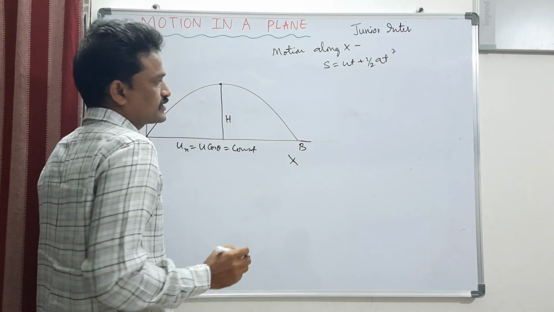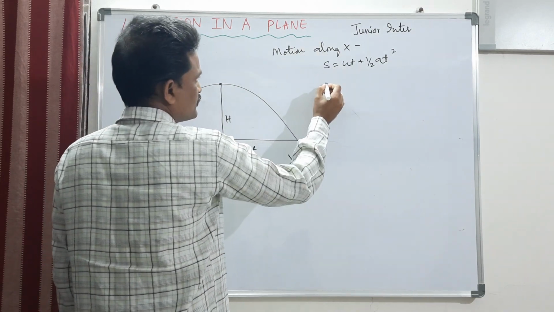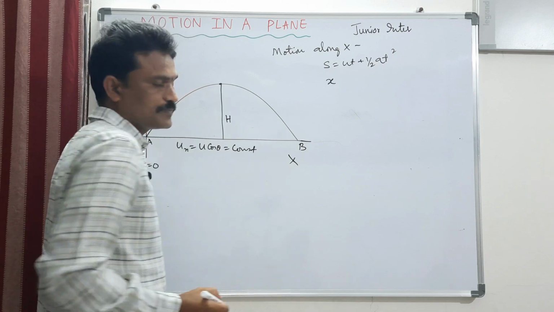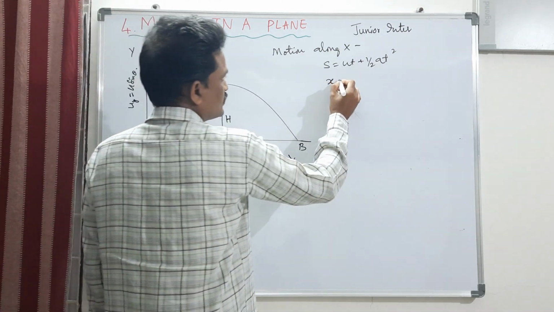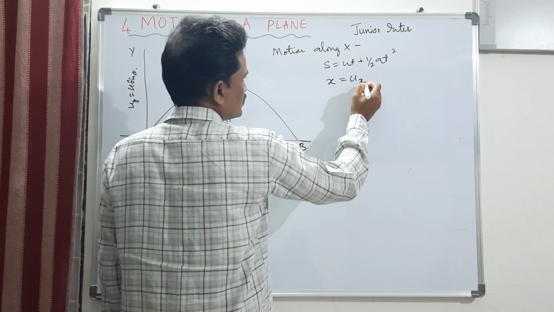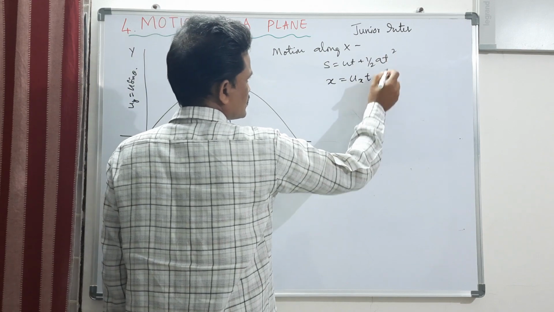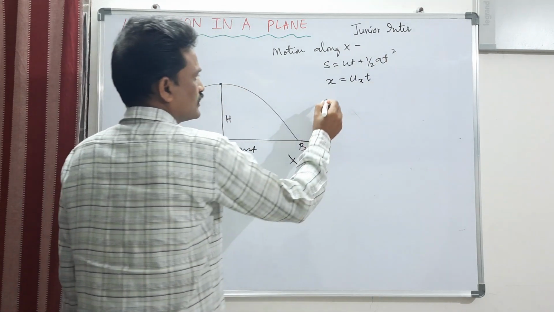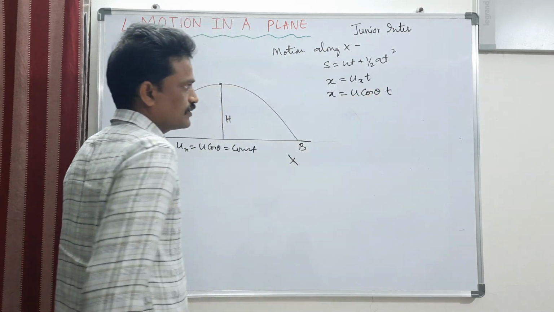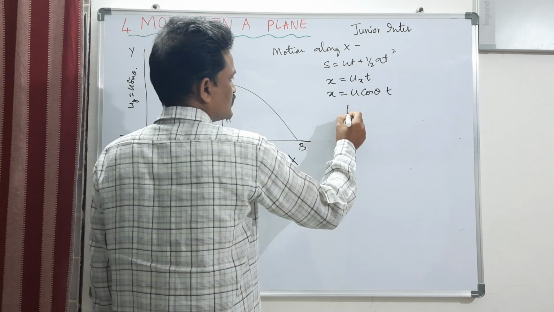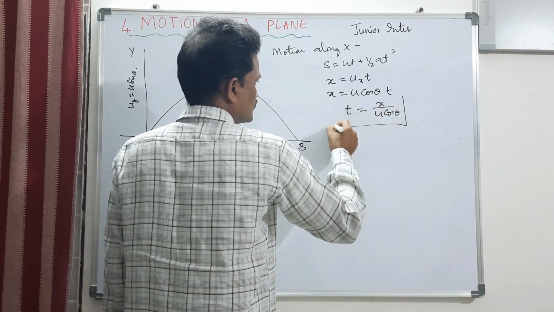So for motion along the x-axis, at a point of time t, s becomes x. x is the displacement along the x-axis at some time t. So this is equal to ux into t. Since a is 0 along the x-axis, this term becomes 0. So I can write x is equal to u cos theta into t. From this, I can write t is equal to x by u cos theta. So this is equation number 1.